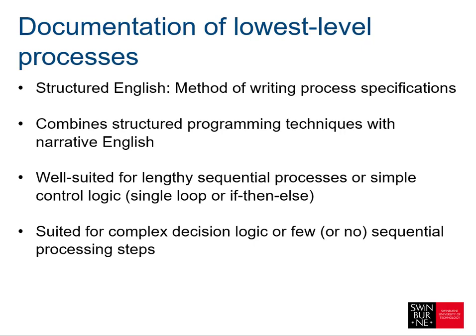So, documentation of lowest level processes. Now you know each process on a data flow diagram, or each use case in the data flow diagram, we need to define formally in detail. So there are several options for the process definitions. One way of defining the process is, you already know that we can decompose the processes.